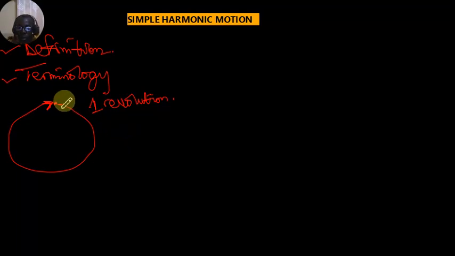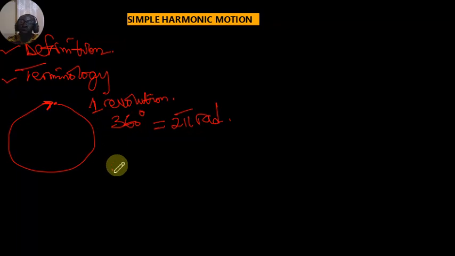So if you look at it, this body goes round this circle, and if you bring that mathematically, the sum of angles at a point when it goes around the circle is 360 degrees, and that 360 degrees is equivalent to 2 pi in radians. So if we want to talk about the period now, remember that period is the time taken by a body to complete one circle, and one circle is one revolution.